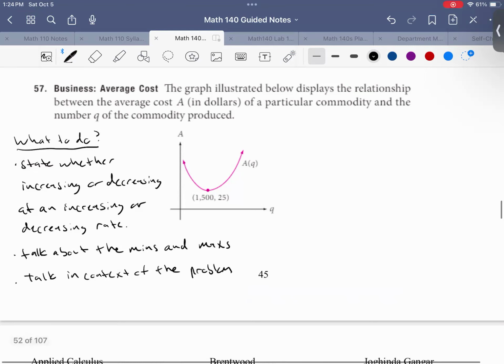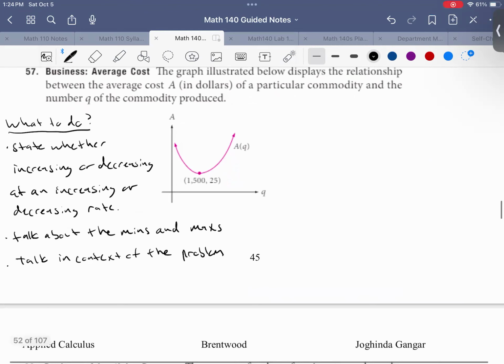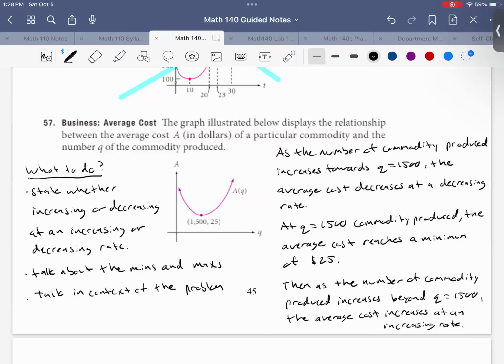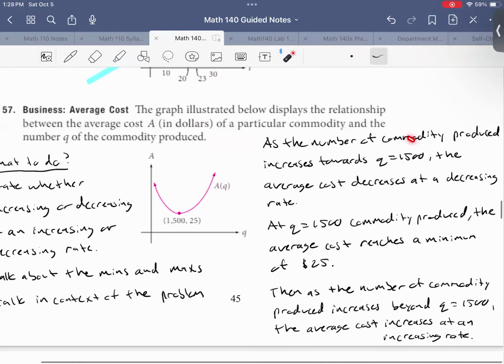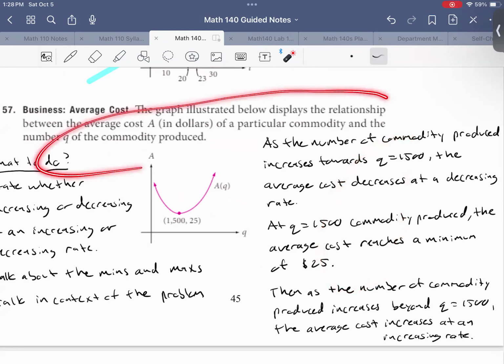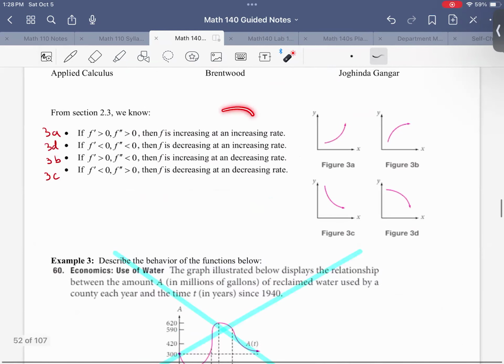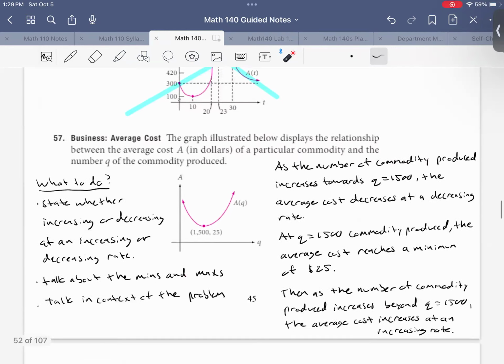Okay, so it's a long statement, so let me pause the video and write it out, and then we will go over it. Okay, so here is the statement of what's going on in this graph in the interpretation of the question using our increase, decrease, rate, second derivative.